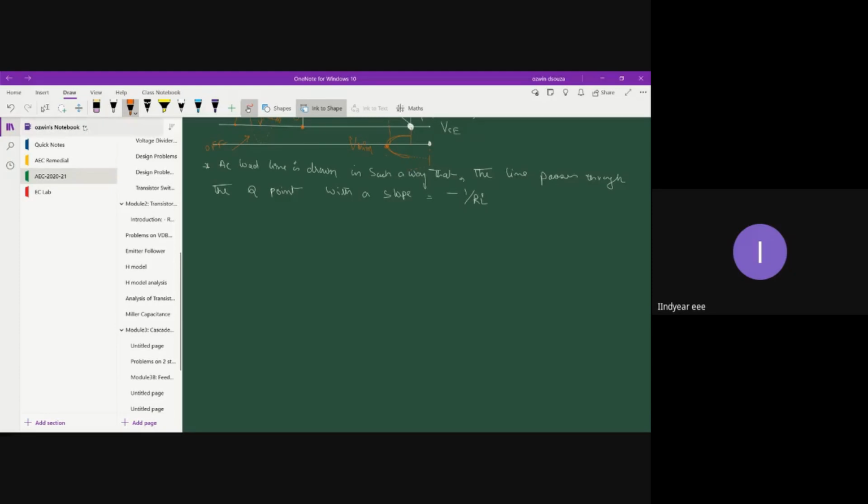You can also write an expression for RL dash, where RL dash is equal to Vm by Im. For DC operation, let us first write down the expression for DC power input.